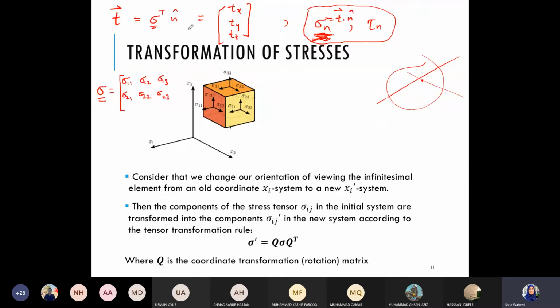Then if I follow this method of using the traction vector and so on and then finding this, it is a very long-winded way. Whereas what I want you guys to notice is, okay, the stress tensor, this beautiful little thing right here.